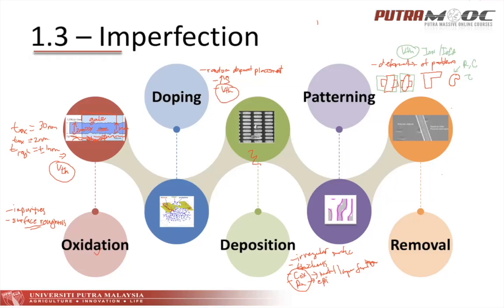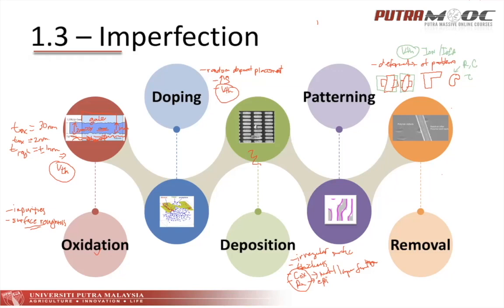If it doesn't work, then we need to either redo the circuits, or introduce methods to help improve the fabrication process. So we have optical proximity correction, phase shift mask, and off-axis illumination, and there are many things we can do to help the fabrication process during patterning. This technique is what we call reticle or resolution enhancement technique.